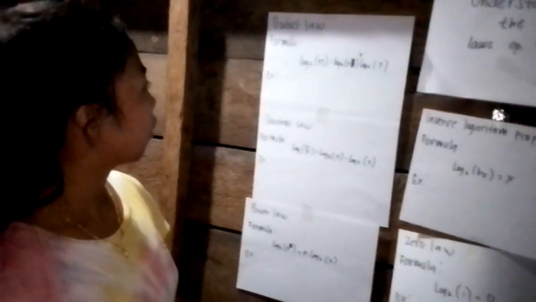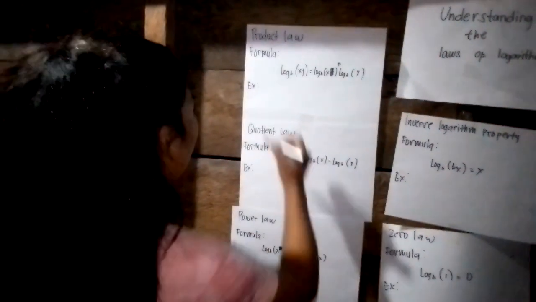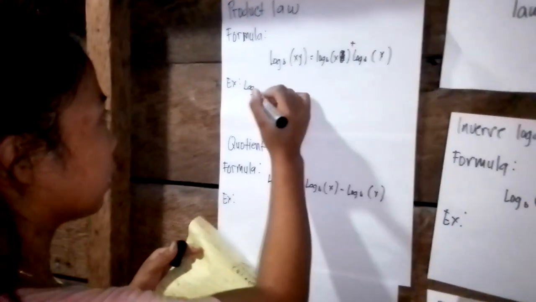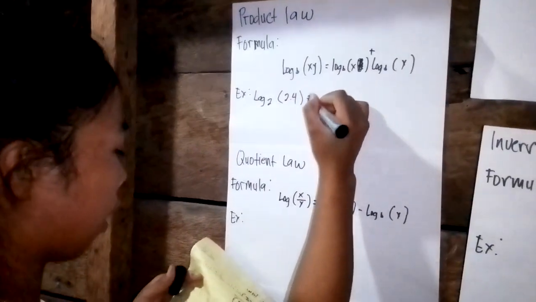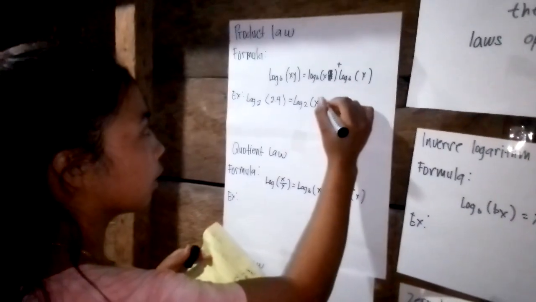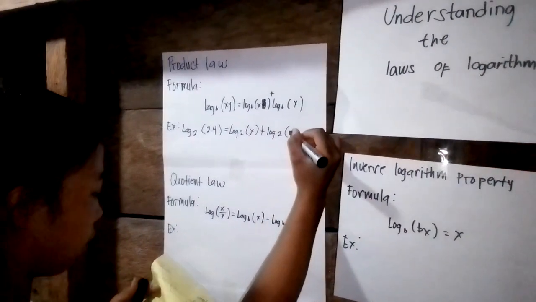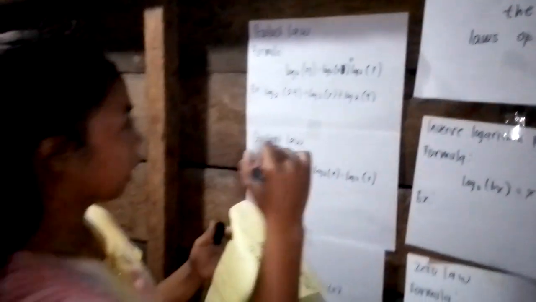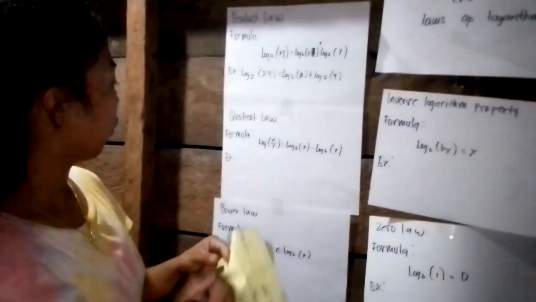Here is an example of the product law: log base 2 of 2 times 4 is equal to log base 2 of 2 plus log base 2 of 4. So that's the product law.